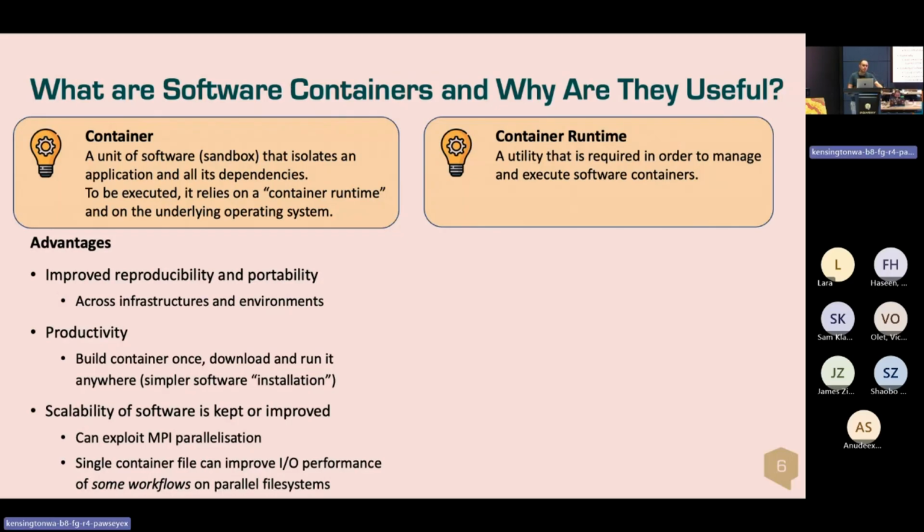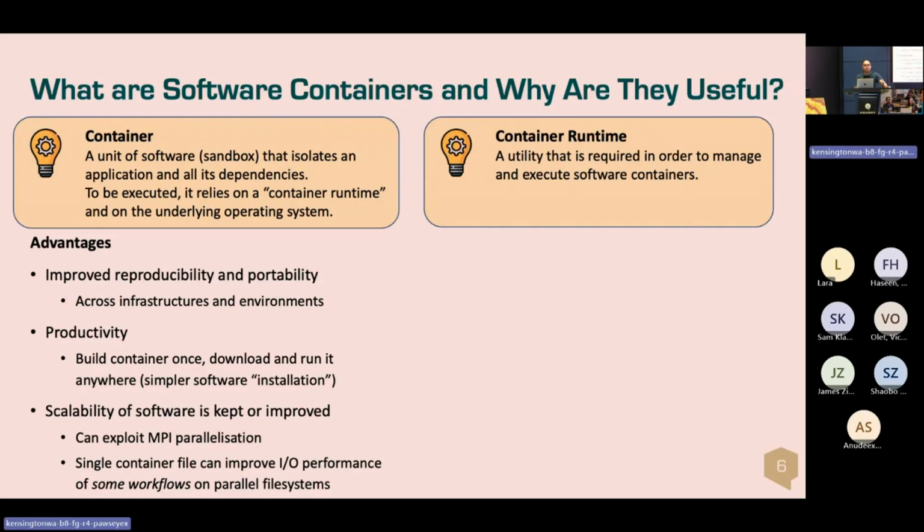So the advantage is improved reproducibility and portability. It means you compile the software once in a very well-defined environment you're familiar with, then you can take this container to a few different systems and be sure you can run that container independently of how these systems are configured.